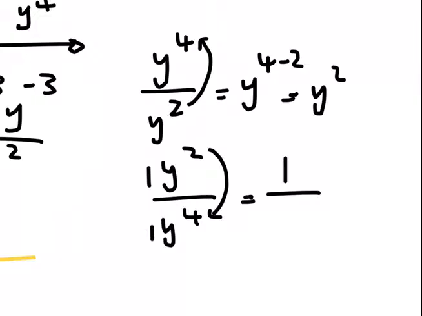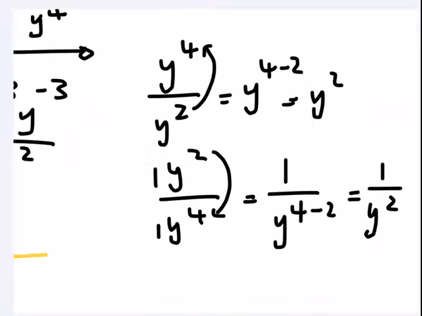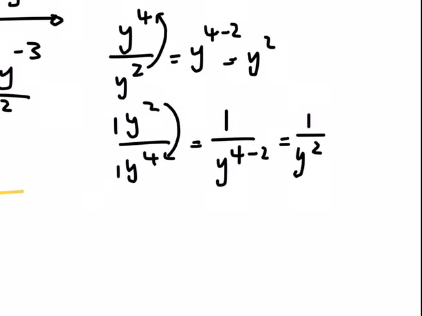Even if you have 1, it's fine, but you will still say 1 y to the 4 minus that, and it ends up being 1 over y to the exponent of 2.